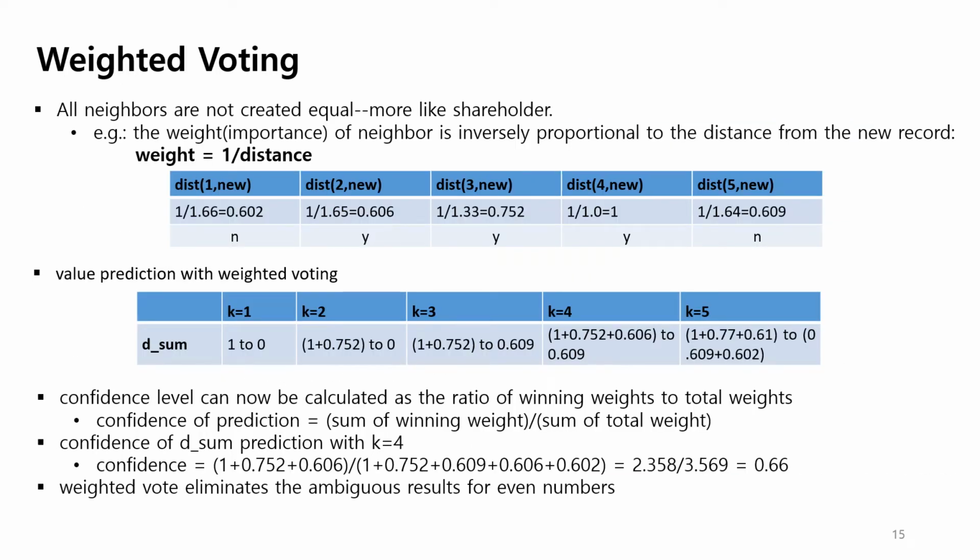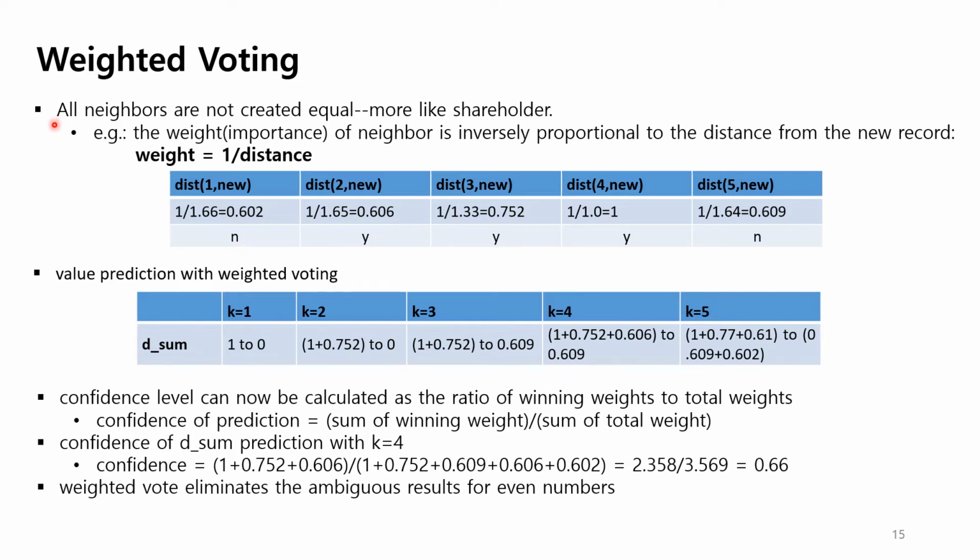The second method for combining the results of nearest neighbor is weighted voting. Unlike majority voting, in weighted voting, each neighbor now has a different weight, or a different importance, or different voting power.